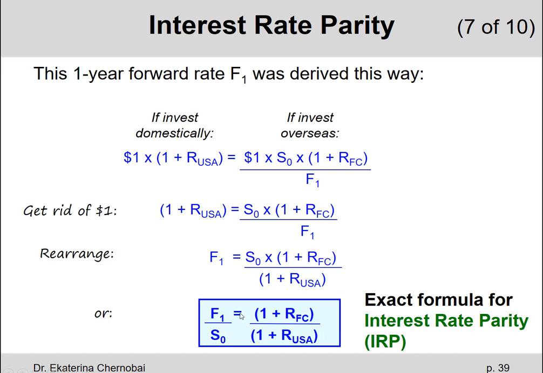So this is the definition of the so-called interest rate parity formula that comes out of the example that we just looked at, which shows how the forward rate should be determined in order for there to be balanced investments across different countries.